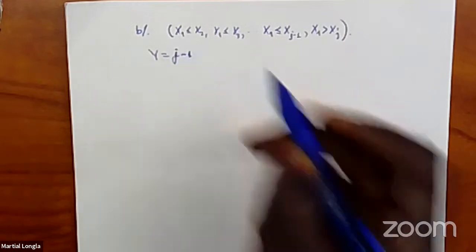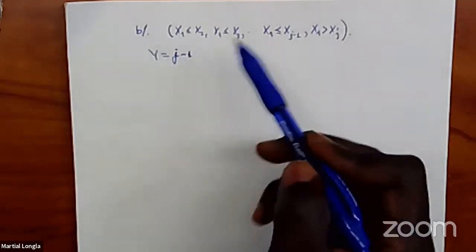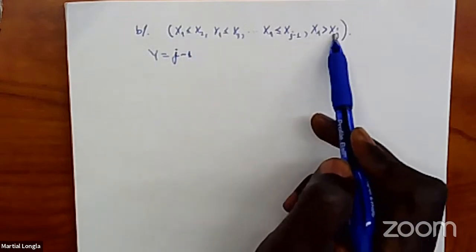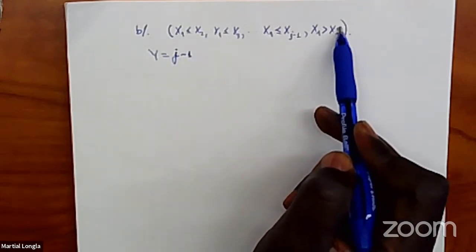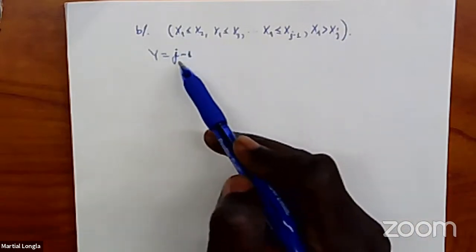That's what it means. If you count the number of trials until x1 is no longer the smallest observation, you have j observations, and if you don't count x1, that is j minus 1.